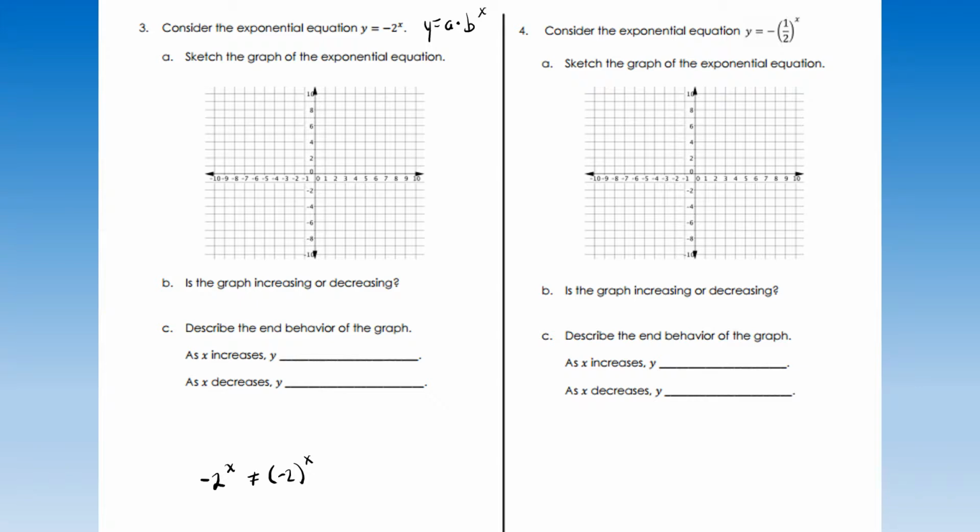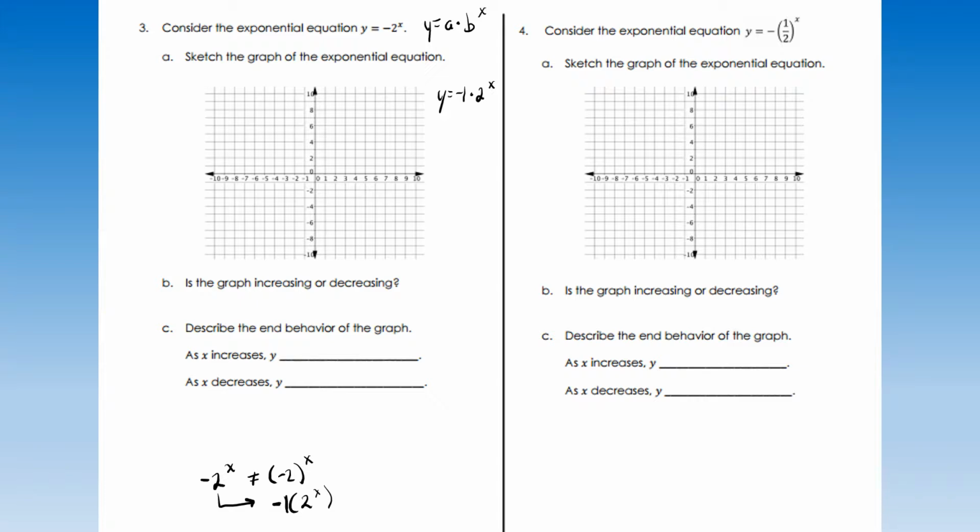Okay? Without those parentheses, what this is saying is that it's the negative of 2 to the x power. All right? So if I want to write this in y equals a times b to the x, notice this would be like -1 here. So my equation is actually y equals -1 times 2 to the x power.